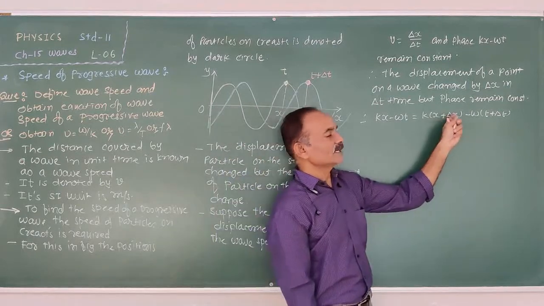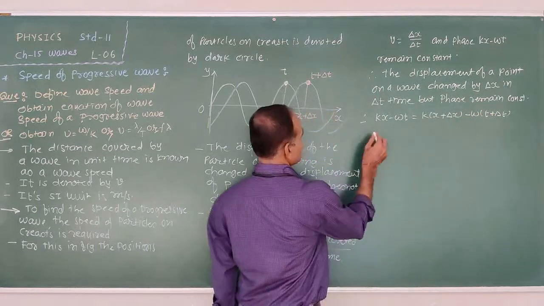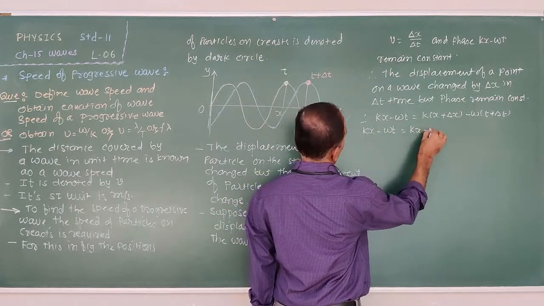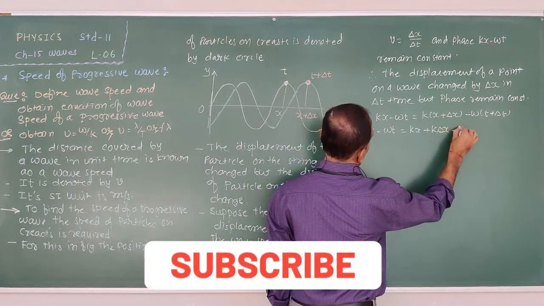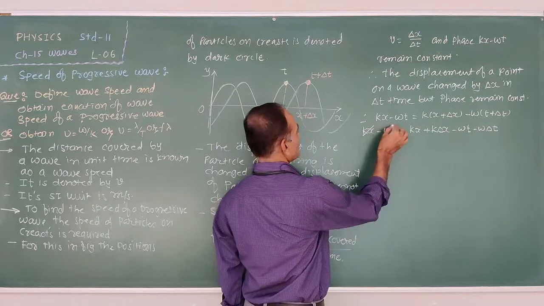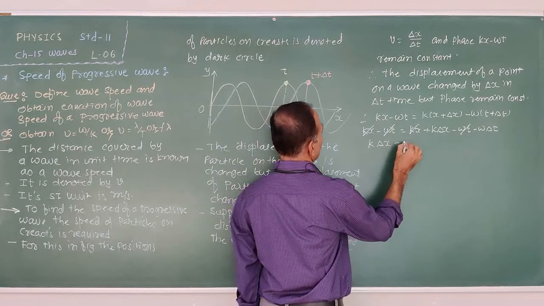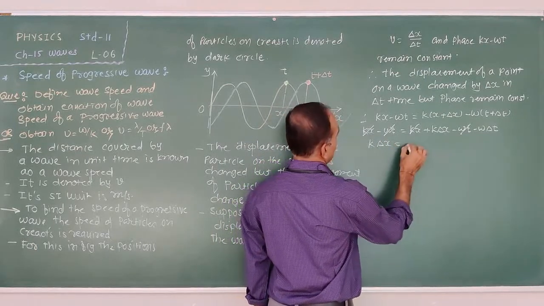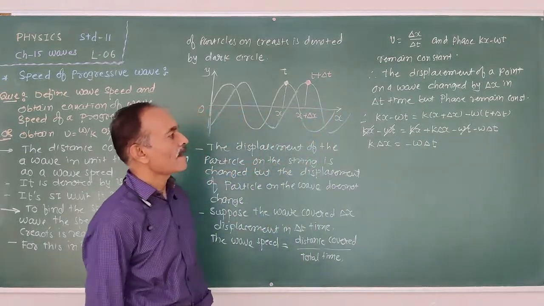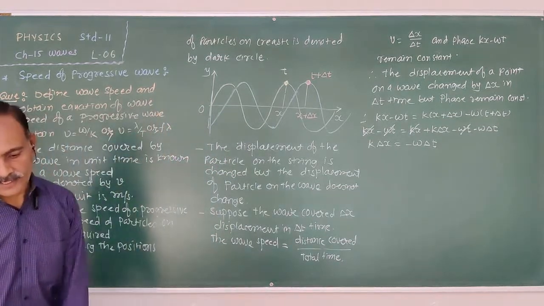Simplifying: kx minus omega t is equal to kx plus k delta x minus omega t minus omega delta t. Therefore, kx and omega t cancel, so k delta x is equal to minus omega delta t. Clear this thing? Okay.